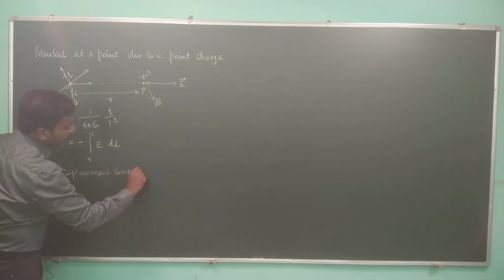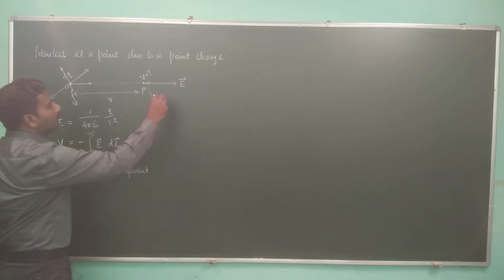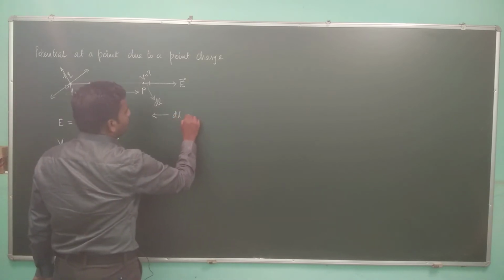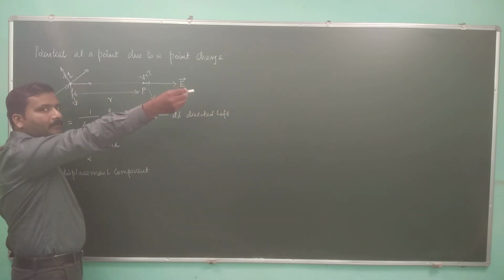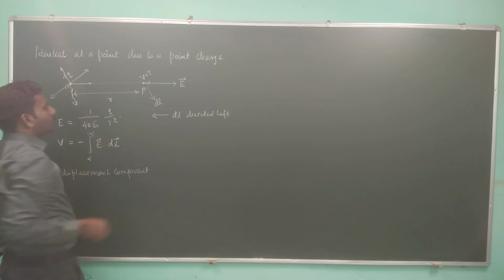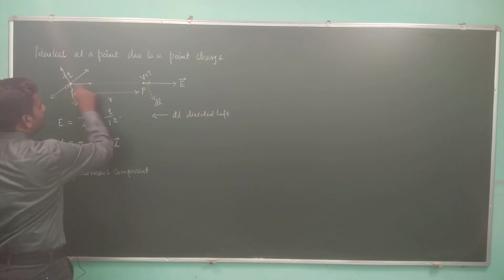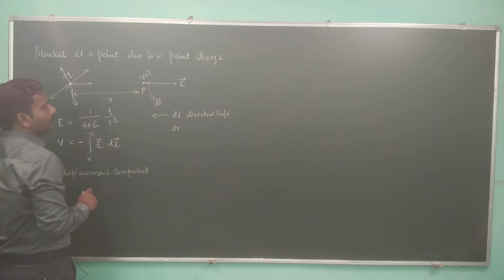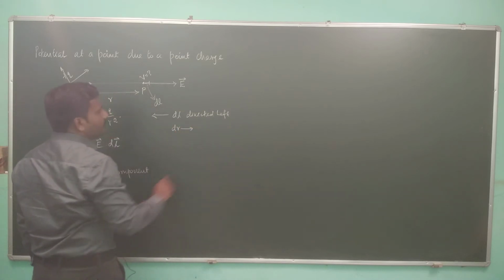Now the vectors will appear. This dl is directed left, that is, the dl component travels from infinity and comes towards the charge. Suppose this is the length r, and you have a small length component dr. If you want to increase r, this dr component will be directed right.